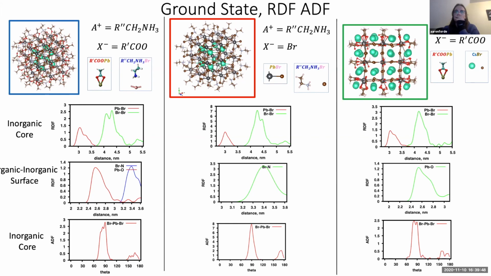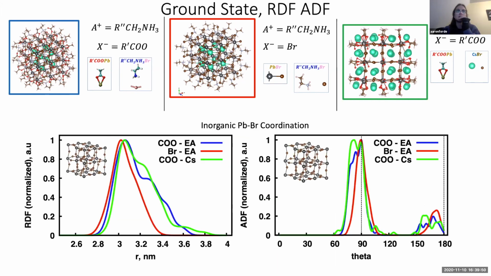So what I'll focus on is just looking at the changes in the core structure between lead and bromine. On the left are the radial distribution functions, where each of the colors corresponds to the model boxed. And the right-hand side shows angular distribution functions.